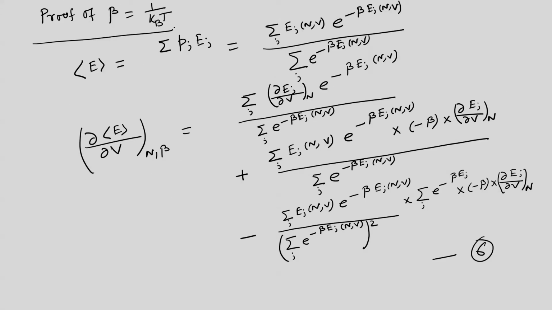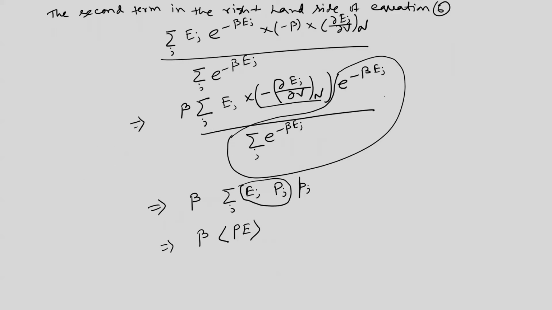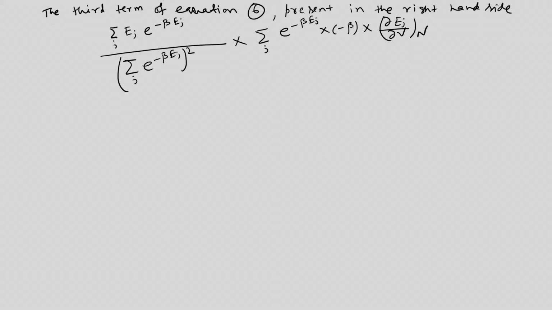So, this is our third term of equation 6 that is present in the right hand side. Now, we can simplify this one.